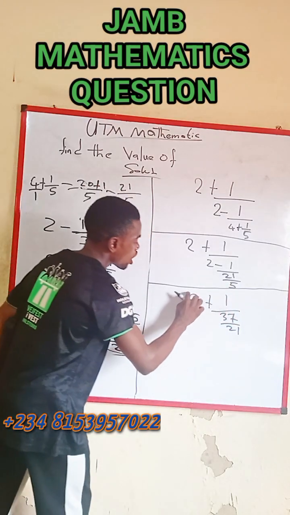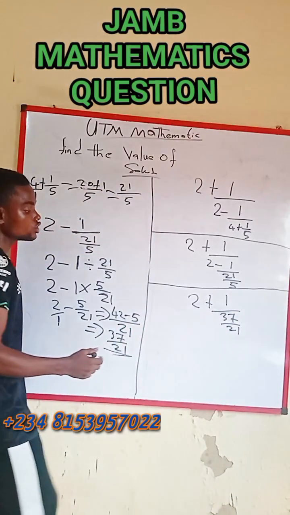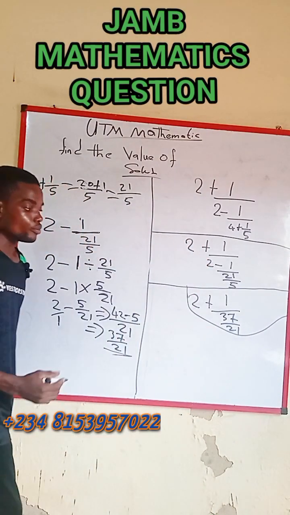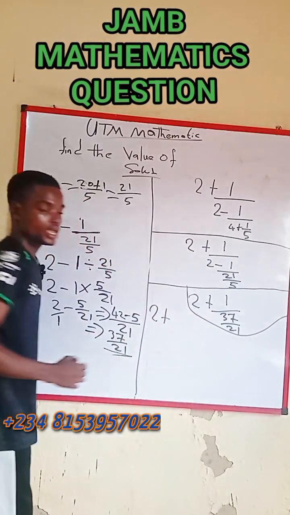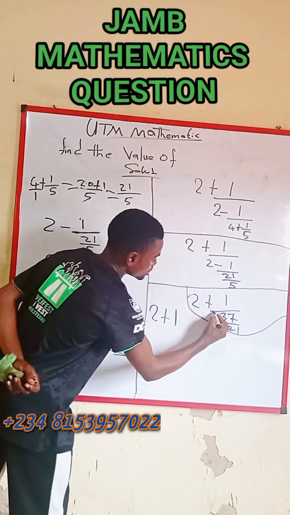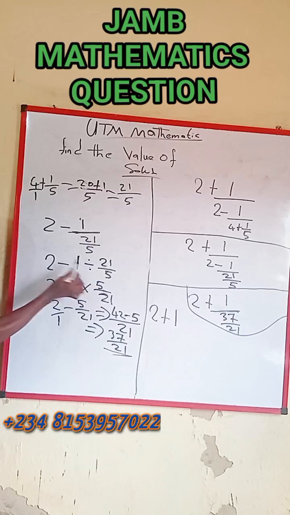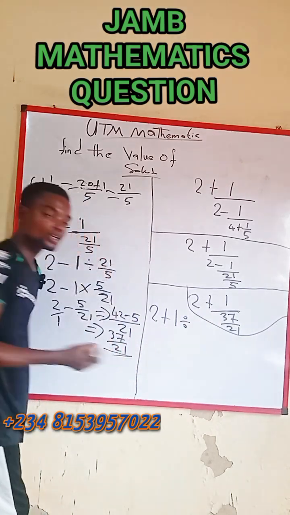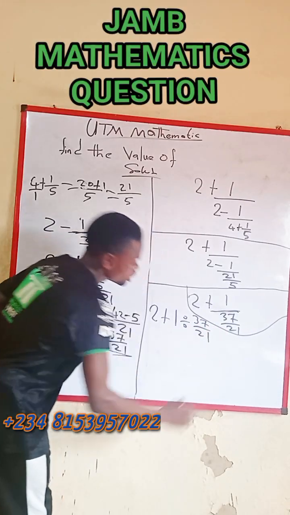All right. So we need to now work everything that we are seeing here. How are we going to do it? Let me put this over here, so from here I will have 2 plus 1. Now instead of putting this sign over here just like I had it, I will change it to division, and it's going to divide 37 over 21.